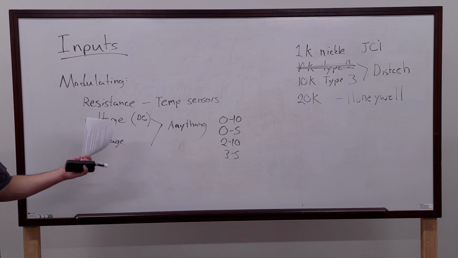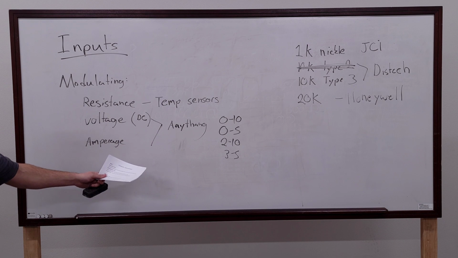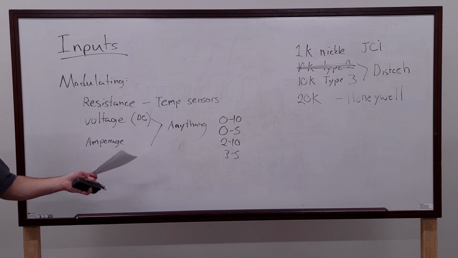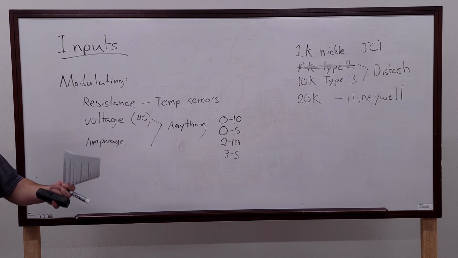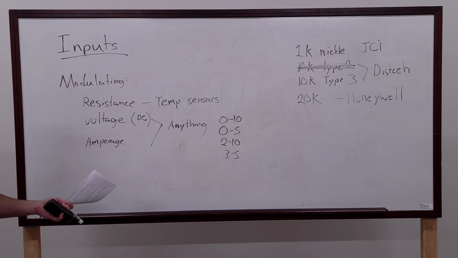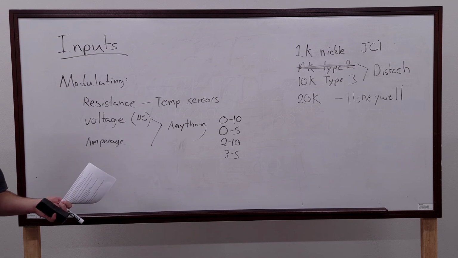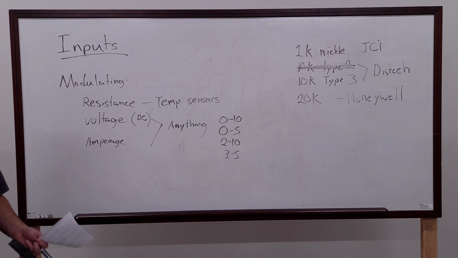But yes, so these can literally be scaled. Your amp stuff will not be. It's either a 0 to 20 or a 4 to 20, more than likely. Everything I've ever done that's had amperage inputs are set. The only thing you can scale is your value for that window.